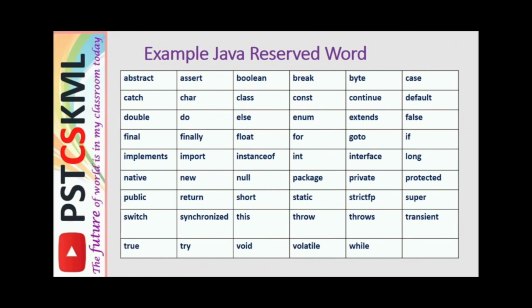As we can see, final is actually a reserved word. Just now we have seen this in the constant declaration, right? So there is static, true, void, boolean, default, false, and many more.